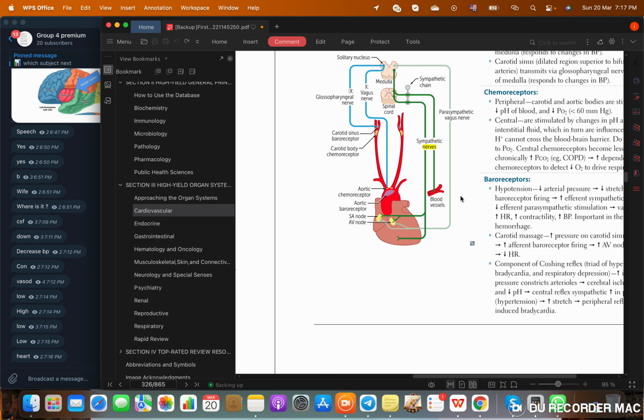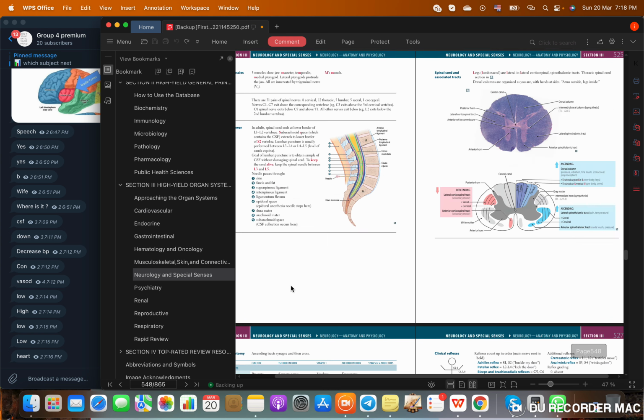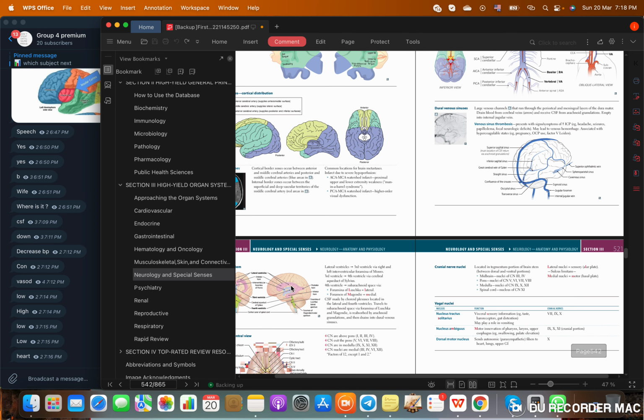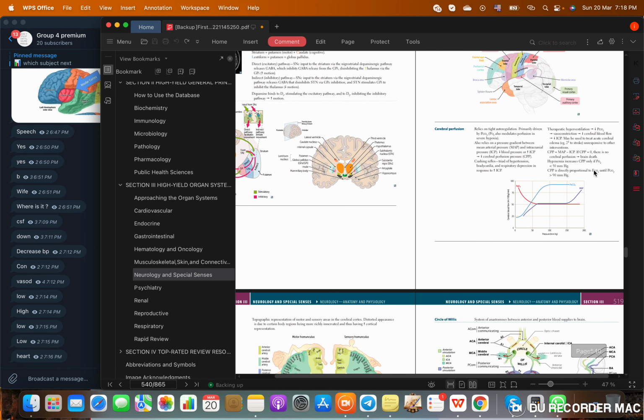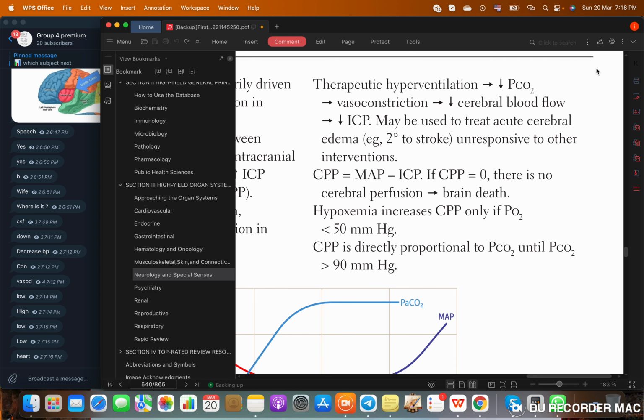And if the blood vessels vasoconstrict, you will have what? Hypertension. Okay, so that's Cushing reflex.